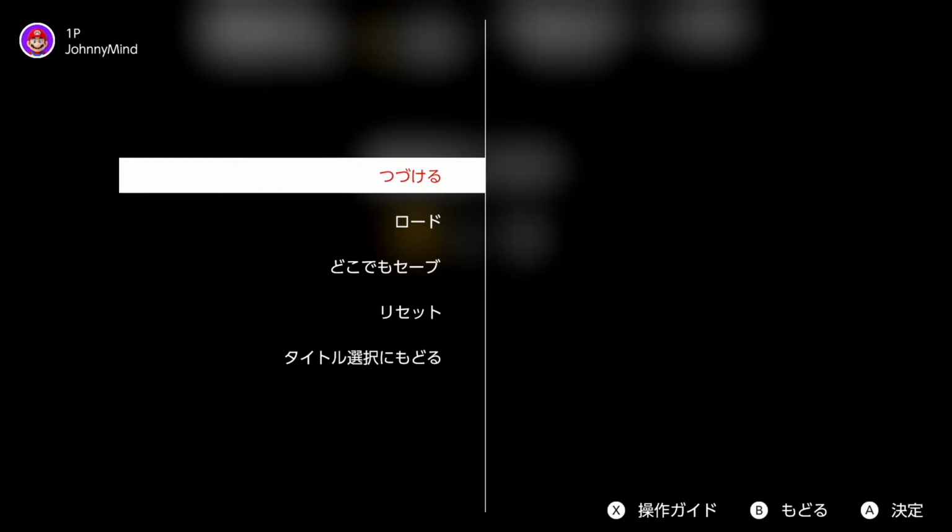Yeah, there I will definitely use rewind, because otherwise we're definitely not getting to the end, and there will be many restarts considering its difficulty.